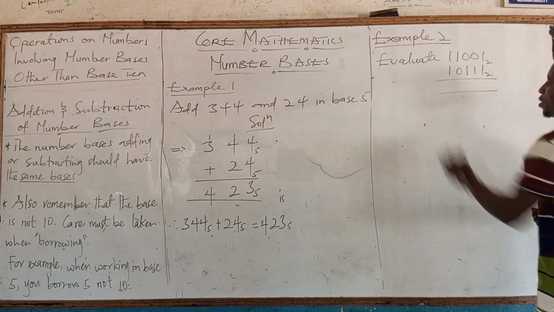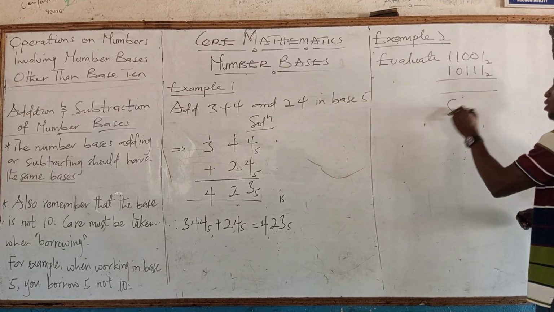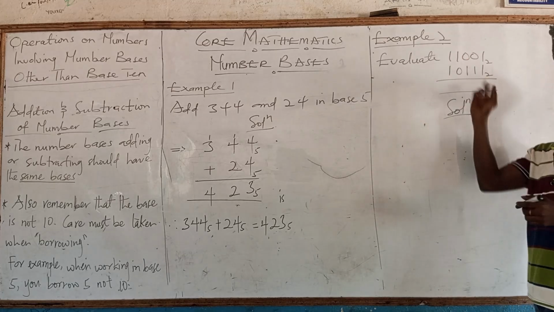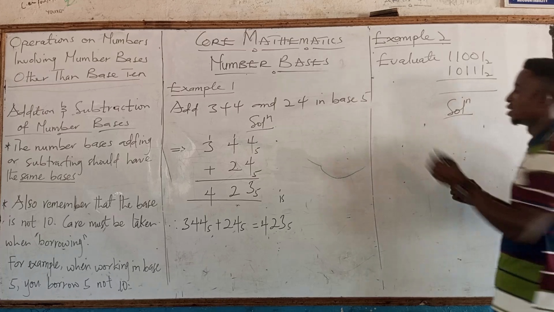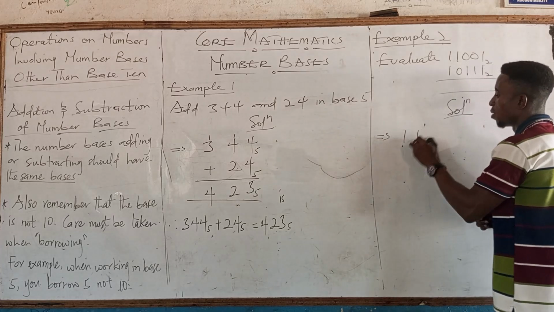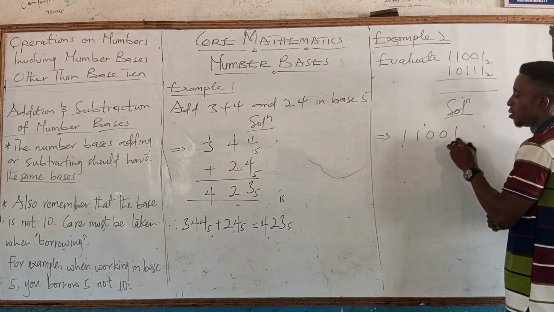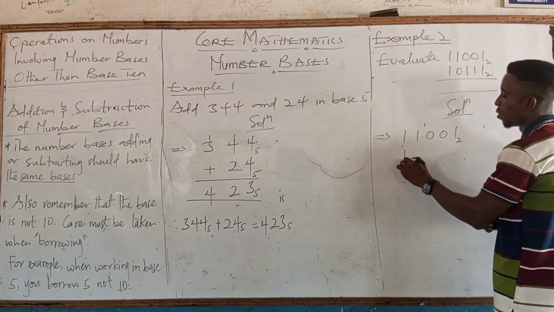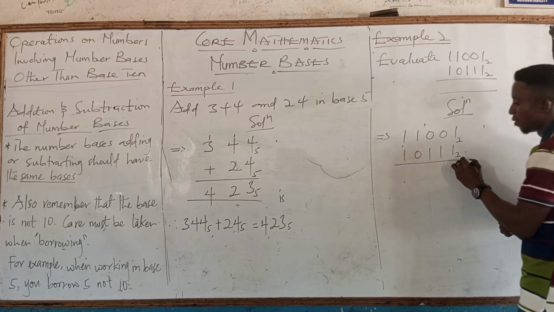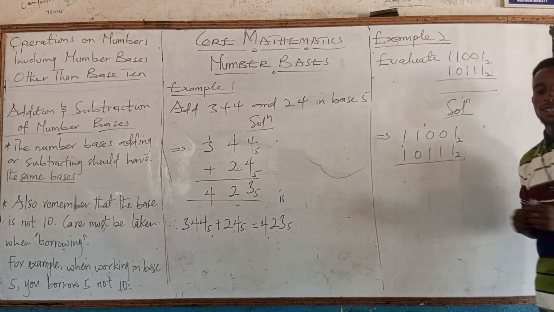We have to evaluate this. So we put solution. You are not to put your answer where the question is, so you rewrite it. This implies that I'll have 11001 base 2 adding to 10111 base 2. So if I add them, what do I get?